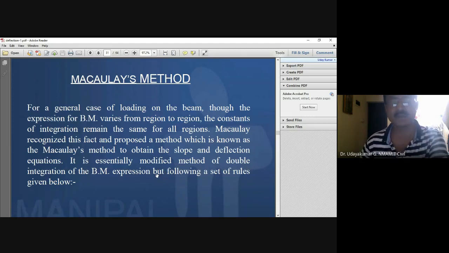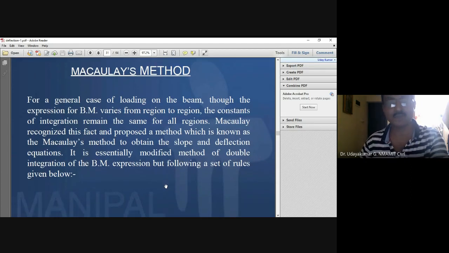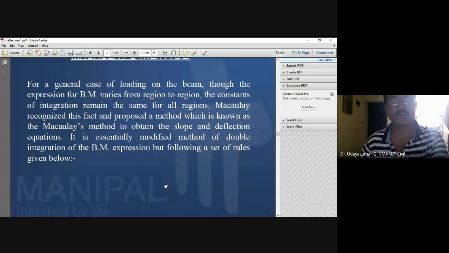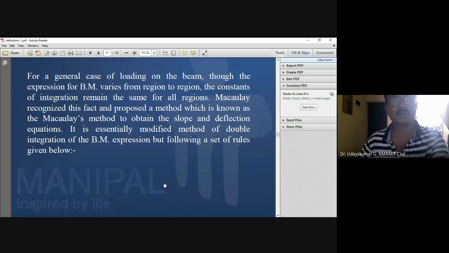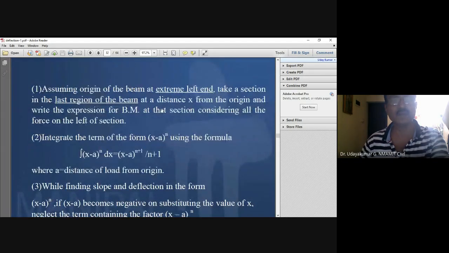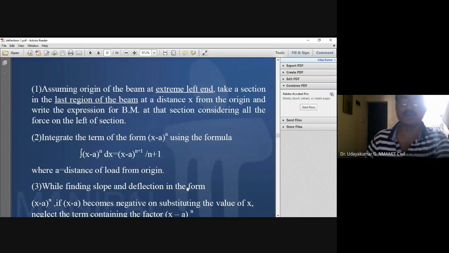It is essentially a modified method of double integration, a special method of double integration. Especially when the bending moment is taken at a particular section, you have to take the section at the farthest point from the origin.